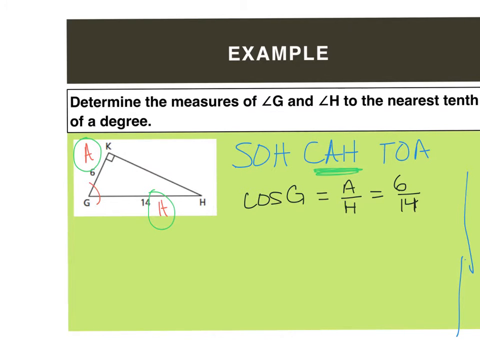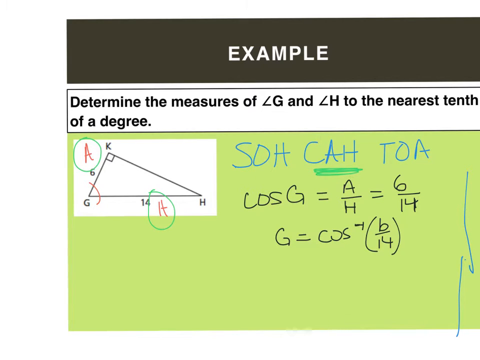How do we think I would go from this to figuring out what angle G is? Second cosine. So up to now, we've only used second tan. But this is exactly like that, okay? Just like if we had tan equals, we would use second tan. Here, I use second cosine. So I'm going to type into my calculator second cosine, which gives me cosine inverse of 6 over 14, or 3 over 7, or if you wanted the decimal, you could get the decimal.